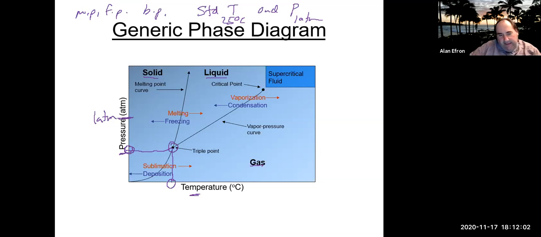If I drew a straight line across, where it crosses the boundary between solid and liquid, that would be the normal melting and freezing point temperature. If I went straight down, I could find that normal melting and freezing point temperature by drawing a much straighter line than I just did there. Also, where it crosses this line, that is the transition between liquid and gas, and that would be the normal boiling point for that substance if I went straight down as well.